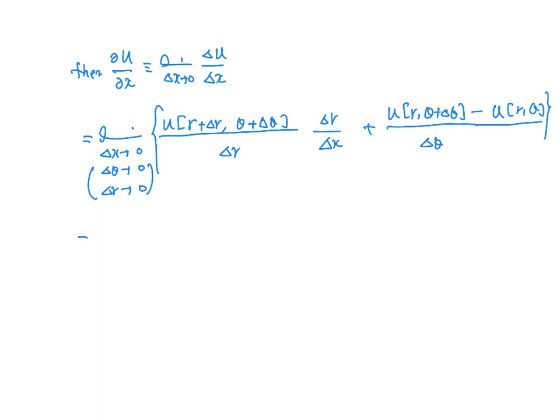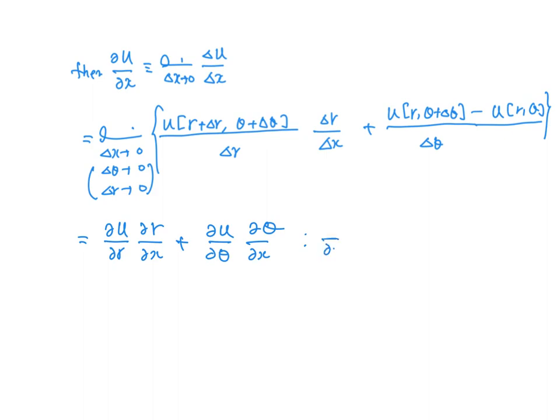So you can write it down as delta u over delta r times delta r over delta x, plus delta u over delta theta times delta theta over delta x. So actually you probably have learned this in your freshman years as the chain rule when you learned partial derivatives.